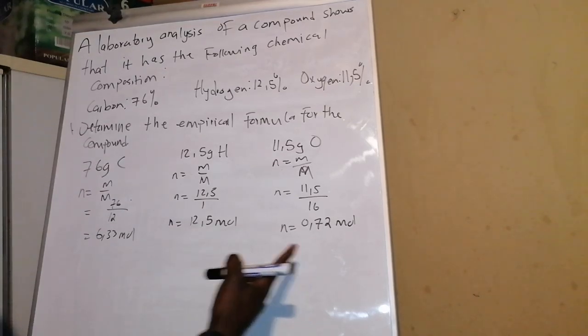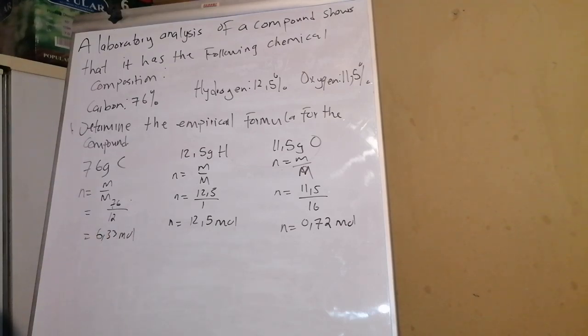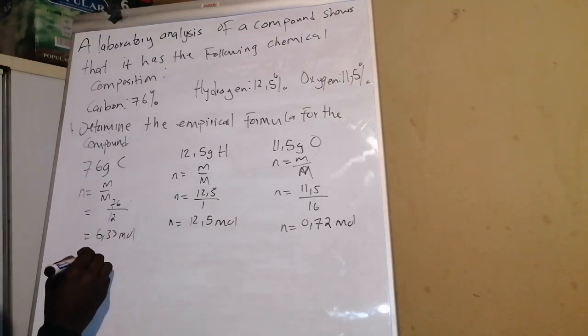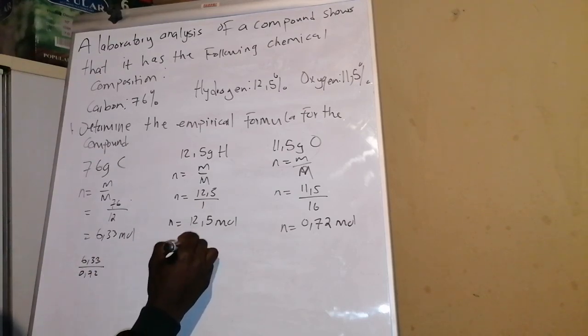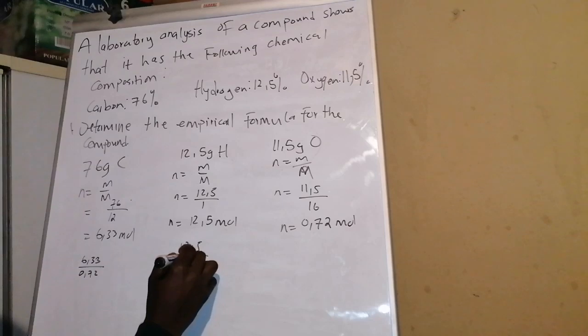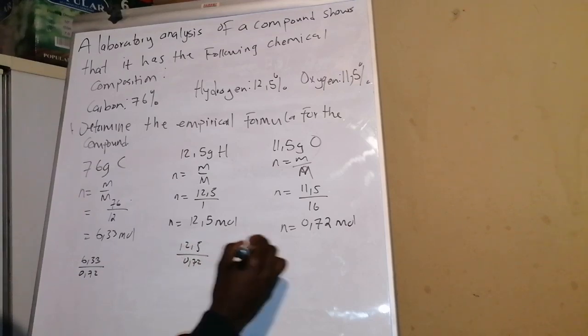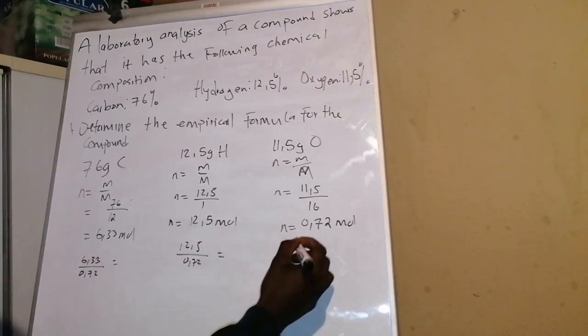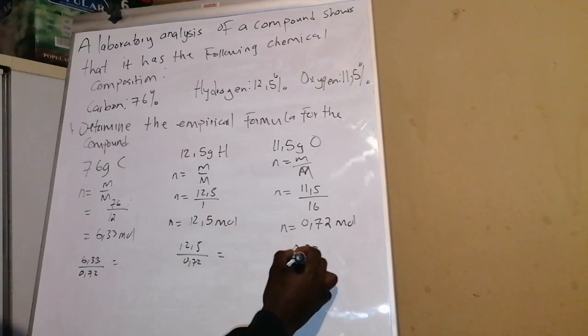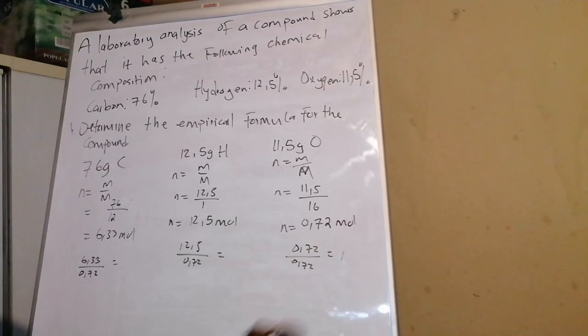We use that one to divide the number of moles which we've found. Now we'll say 6.33 divided by 0.72, 12.5 divided by 0.72, then 0.72 divided by 0.72. We got 1 there.